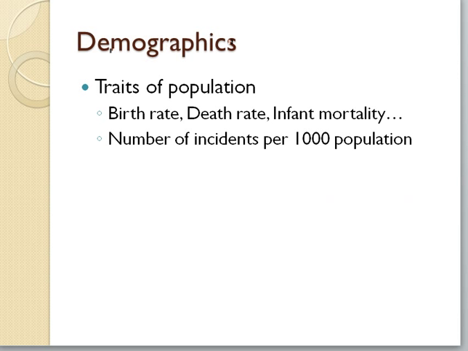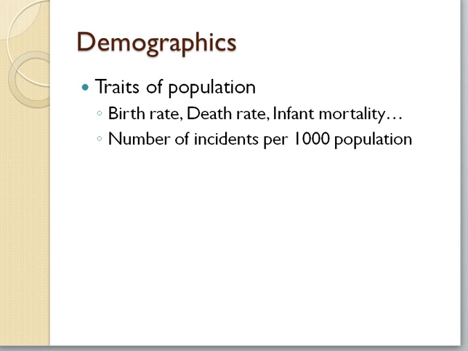So then when we start to look from just numbers of population, and we want to be able to compare how places are from one to the other, we need to be able to do some kind of normalizing, or some way to compare apples and apples. And so we do this by looking at the rates, so birth rate, death rate, the rate of infant mortality, and usually these are a number per 1,000 people.